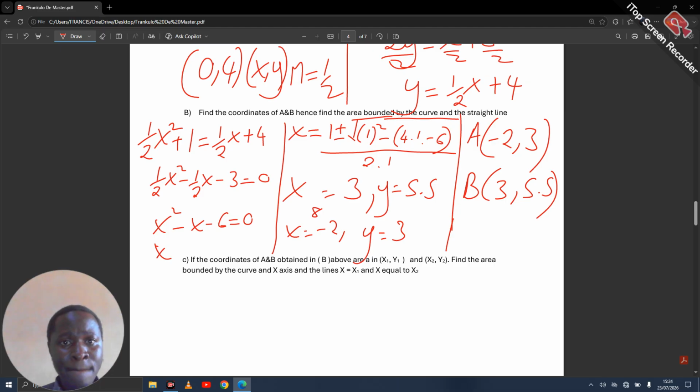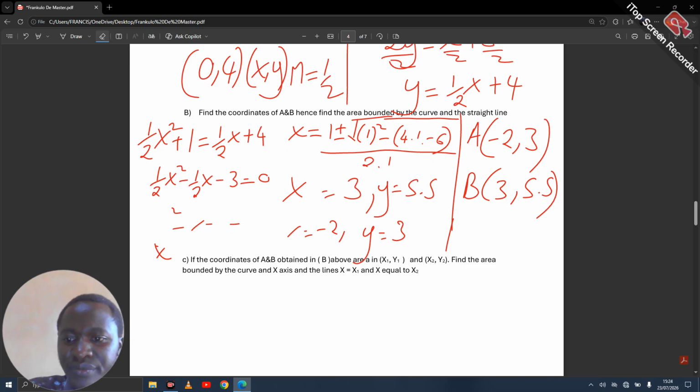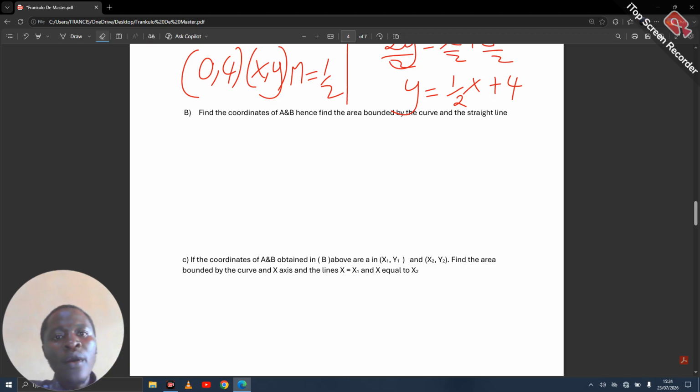So that is the coordinates of A and B. Hence, find the area bounded by the curve and the straight line. Look at that question: find the area bounded. So let me just wrap this. Now, hence, find the area bounded by the curve and the straight line.